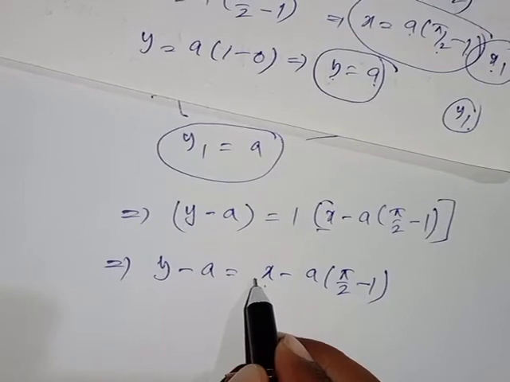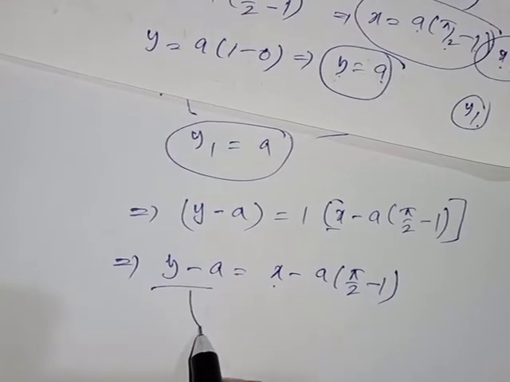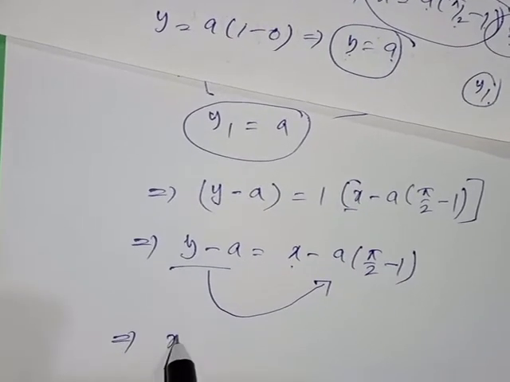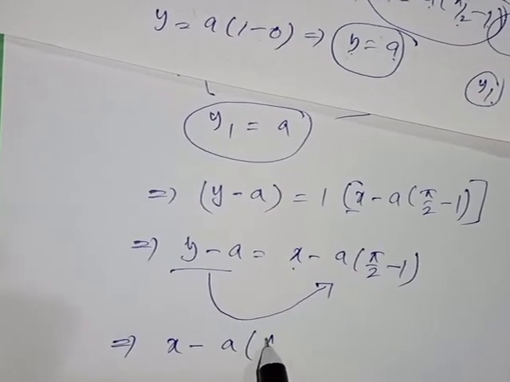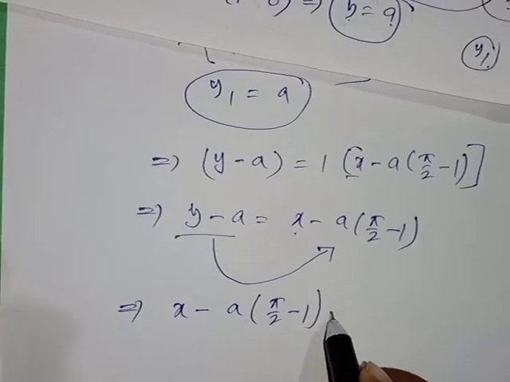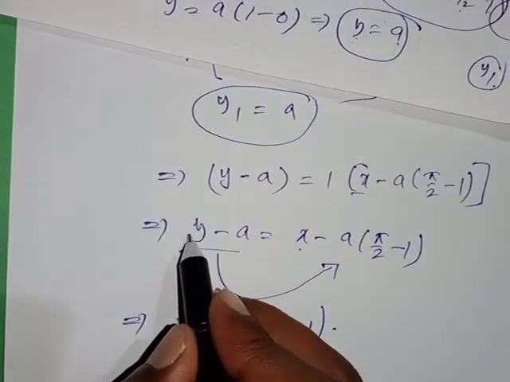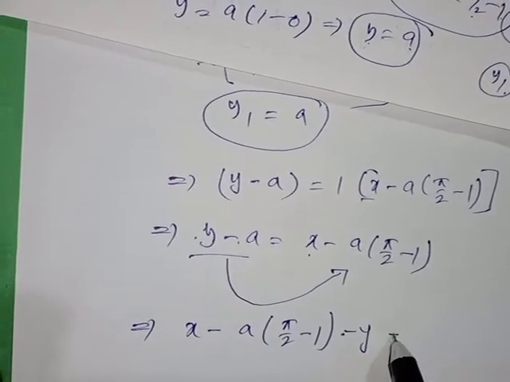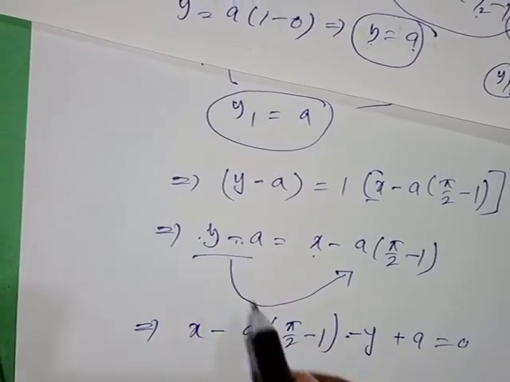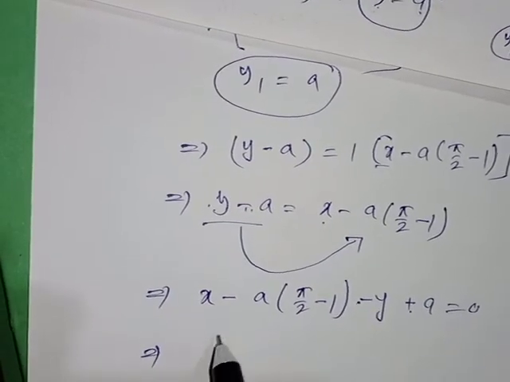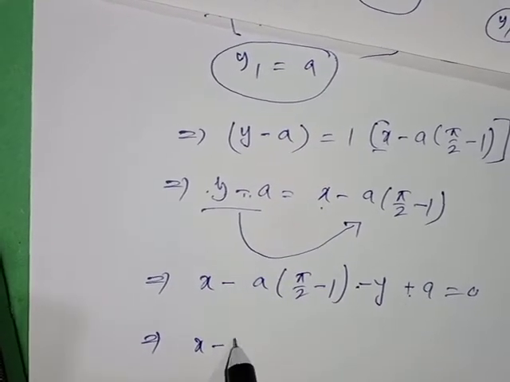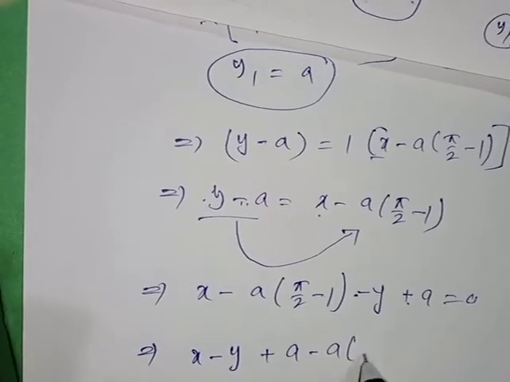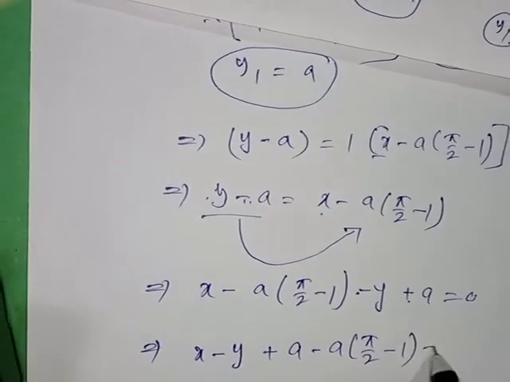See here, x has positive value, so transfer the left hand side value to the right hand side. That is equal to x minus a into pi by 2 minus 1. If we transfer here, y has positive value, so it gets negative value. The next a has negative value, so it becomes positive. Writing in order, x minus y plus a minus a into pi by 2 minus 1 is equal to 0.